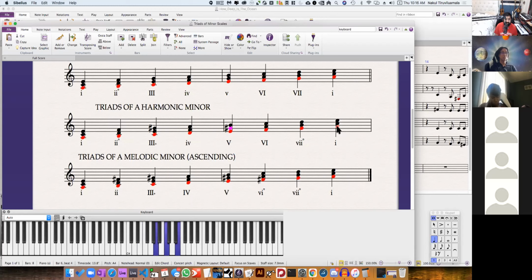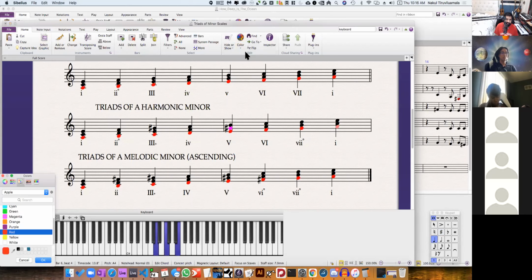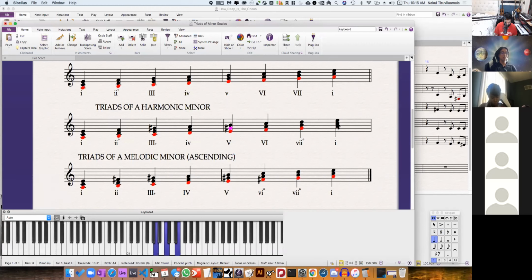So for the tonic, I should choose a color that starts with T, tan. Okay, I'm going to make the tonic tan.